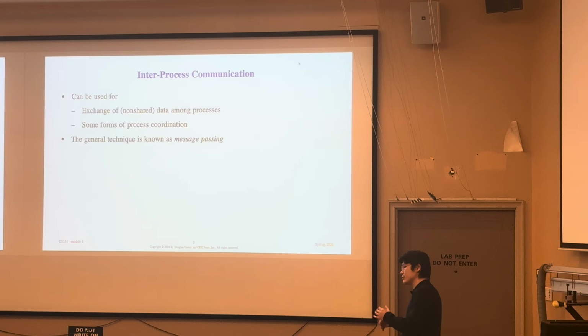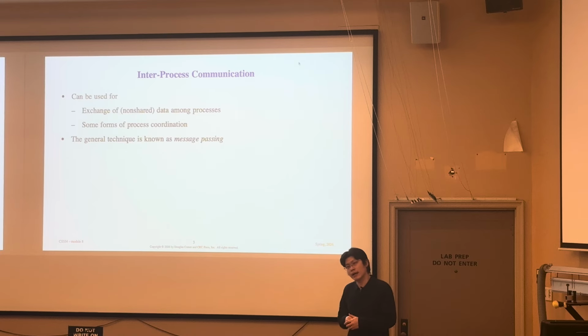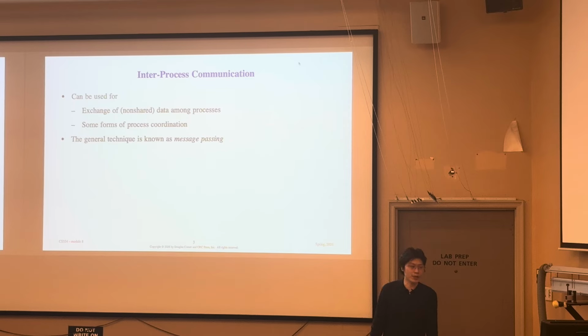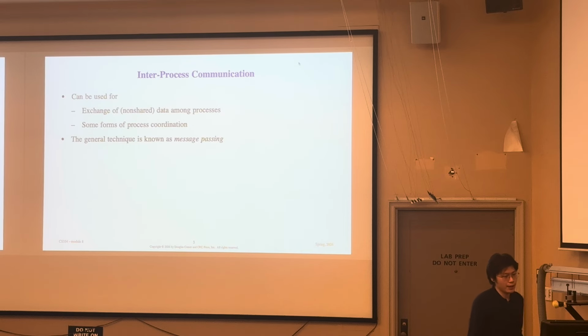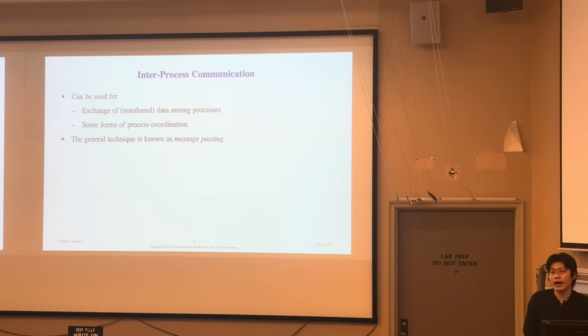That's a process within one OS, and very often a process from one OS needs to communicate with a process in another OS. That is also called inter-process communication, but over the network. So IPC happens within an OS and also across the network between two machines.